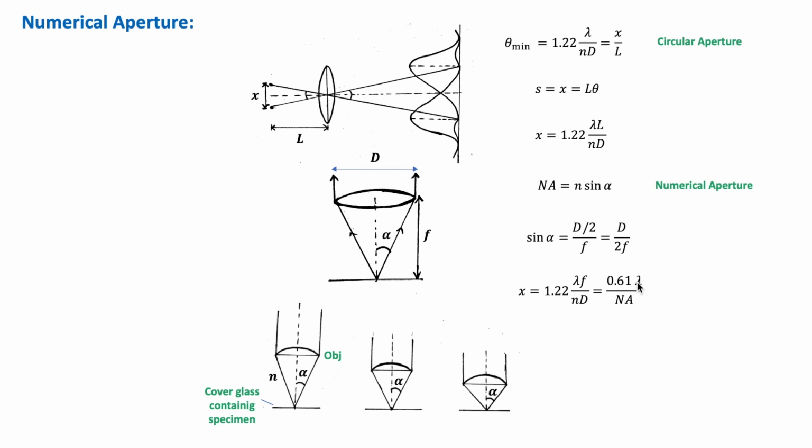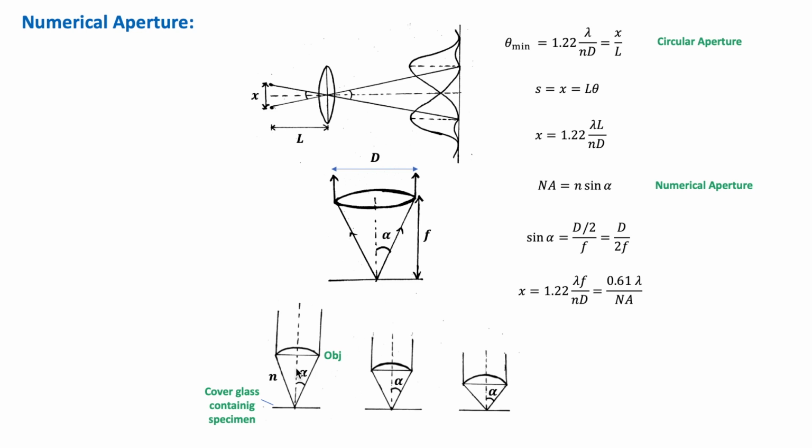Also, we can increase the refractive index, such as with a lens immersed in oil. Also, we can change alpha to increase resolution. A lens with a large NA will be able to resolve finer details because it will be able to collect more light, so the cone of light will be larger.